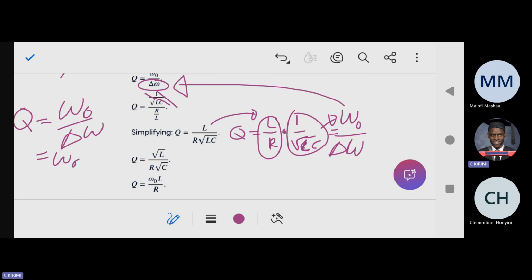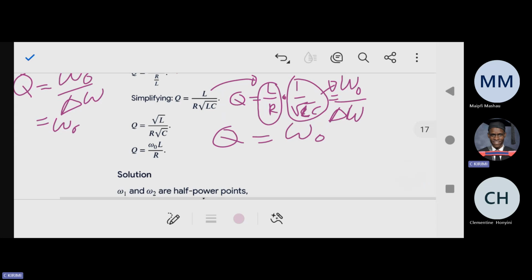So the first thing is to just write your Q is equal to W naught, which is the resonance frequency. That resonance frequency, we are dividing it by change in omega. Then we say it's equal to W naught.